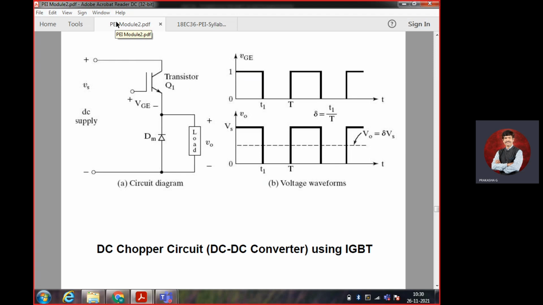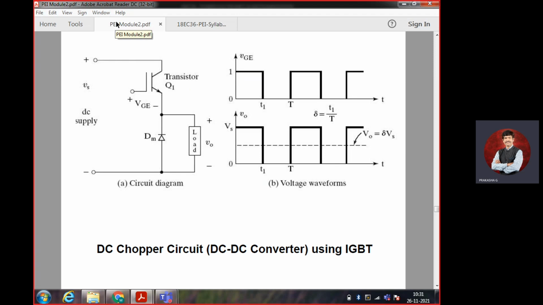Now, I want to know what is the output voltage I am getting over there. To know that, I need the average load voltage, because I need to measure the average. T on is there, T off is there, T on, T off. I want to measure the average load voltage, that is V naught average.